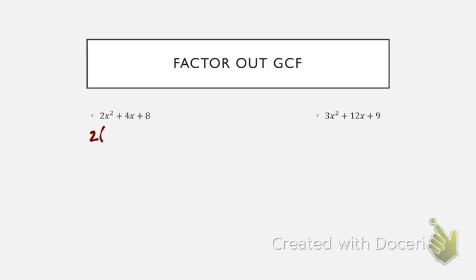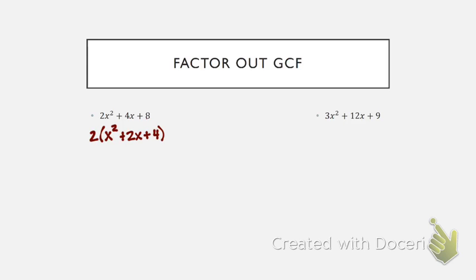What I divide by comes out of the parentheses, and what goes inside the parentheses is what's left over after I divide all these by 2. So 2x squared divided by 2 is x squared, 4x divided by 2 is 2x, and 8 divided by 2 is 4. When I'm factoring out the GCF, all I'm doing is dividing all three terms by the factor I'm taking out.